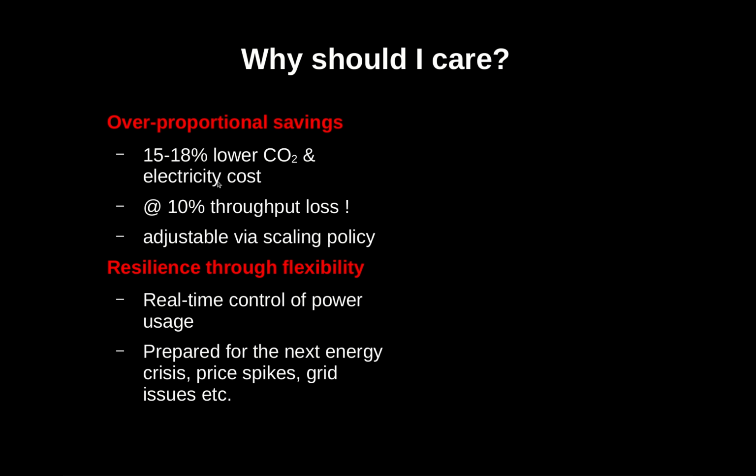Furthermore, this trade-off that you see above here is adjustable by a flexible scaling policy that can be specified in EcoFreq. Another advantage of EcoFreq is that we attain improved resilience through this flexibility. So there is like a real-time control of power usage, and you will be prepared for the next energy crisis with respect to avoiding price spikes, grid issues, and so on and so forth.